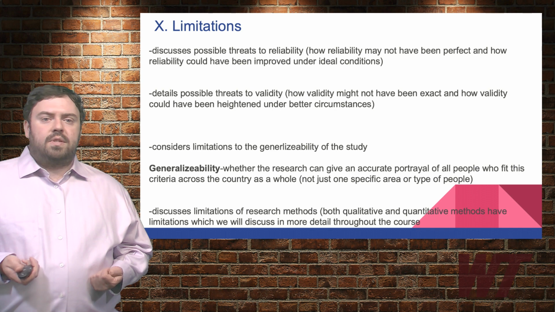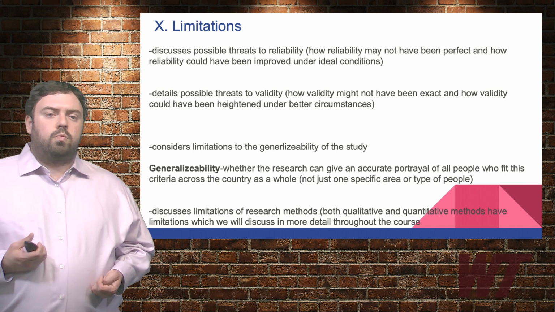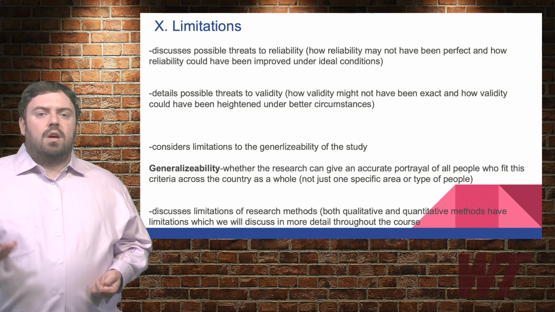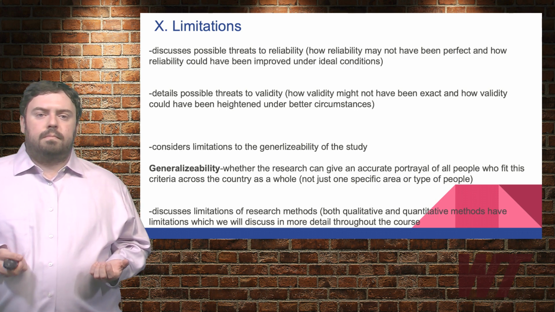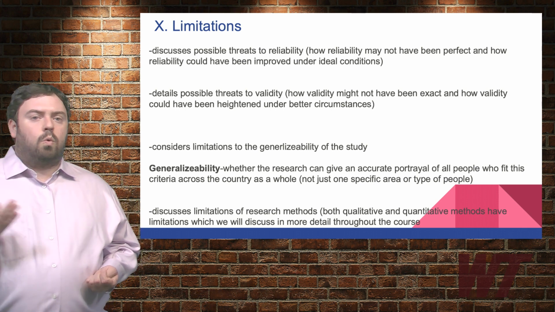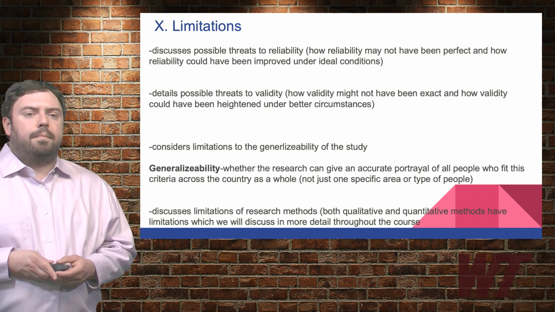So perhaps you used one test and there could have been other tests you could have used. Or you used one theory or one concept, and that was perhaps just one of the theories out there, and other theories could have been explored.